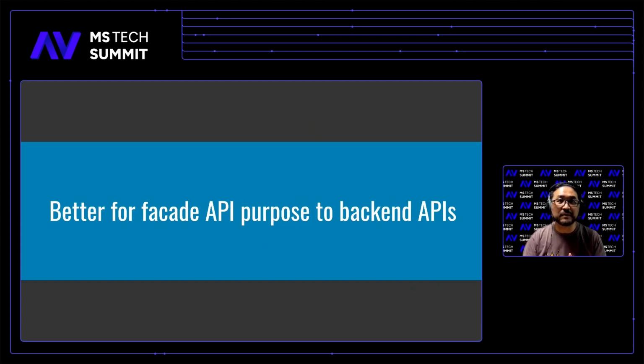That facade API talks to API management, and that API management takes care of all the backend API side. So this is the ideal architecture of using Azure and a hosted Blazor WebAssembly application, right? The good thing of using a hosted Blazor WebAssembly application is that you can make use of server-side rendering, something like this.